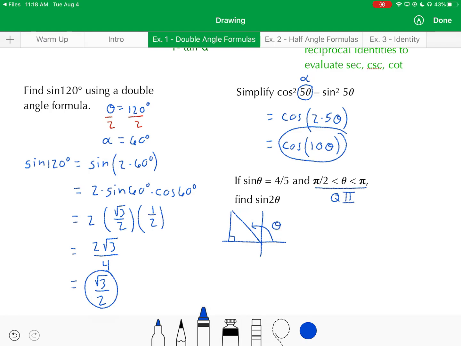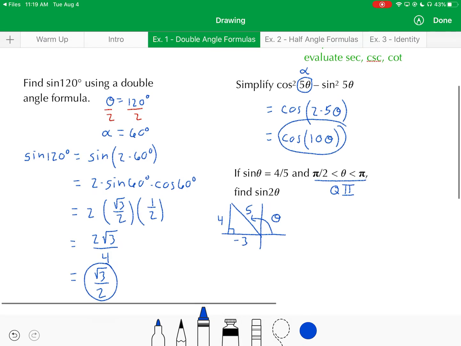Right, to where y is 4, r is 5. That's going to make x -3, okay? And I'm going to apply my double angle formula for sine. Sine of 2 theta is equivalent to 2 times the sine of theta times the cosine of theta.